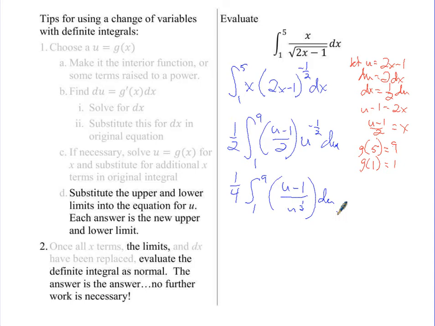How does that help me? Where do you see a negative 1 inside our u? Here? Because that u minus 1 over 2 was this guy right here.